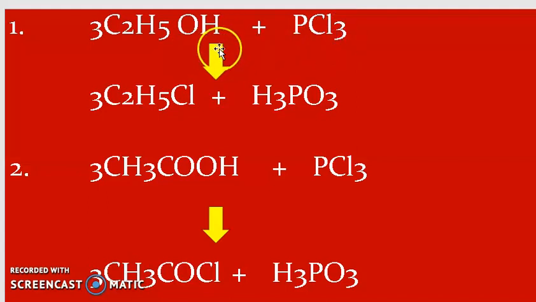It reacts and gives C2H5Cl, which is chloroethane, and H3PO3. So this is the end product.